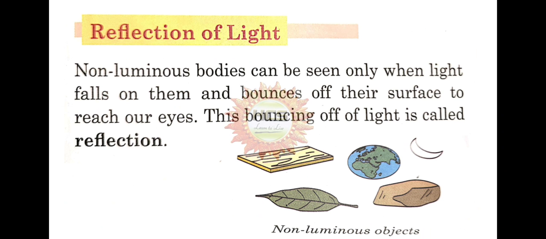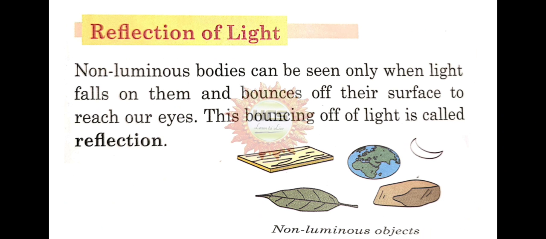This bouncing off of light is called reflection. What are they explaining? Non-luminous bodies are the ones which do not have their own light. So they can be seen only when the light is falling on them. If there is no light, then we cannot see them.